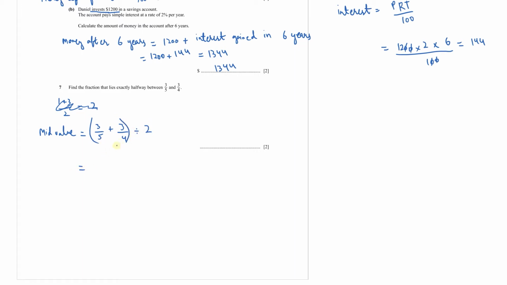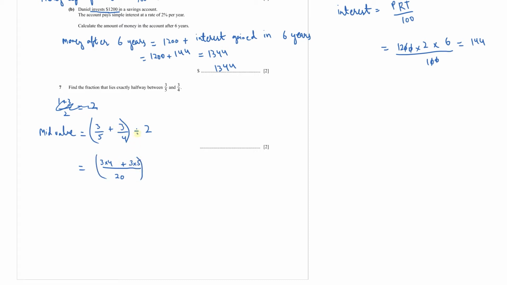So since 5 and 4 do not have any common factors, the LCM will be 20 here. 5 times 4 is 20. So since I multiplied by 4 in the denominator here, I'll multiply this 3 by 4. So this becomes 3 multiplied by 4, plus I multiplied by 5 in this denominator, so here I'll multiply by 5 as well. So this becomes 3 times 5.